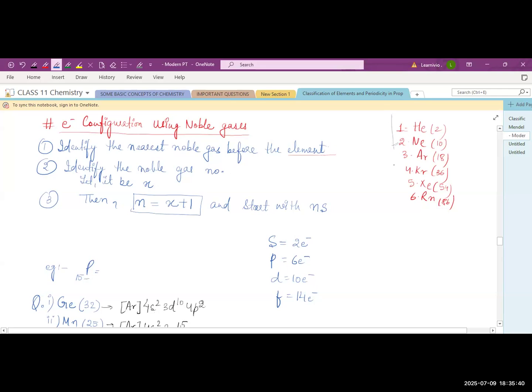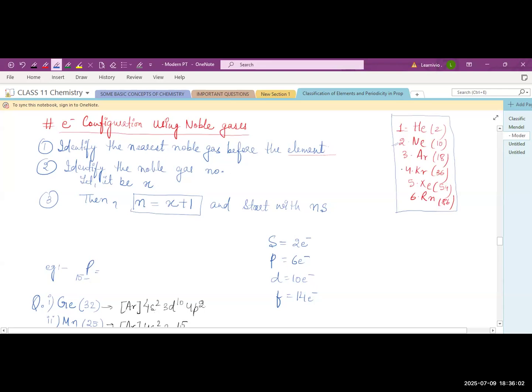First, just remember the noble gas sequence. Which group element is this, Sanidhi? Helium, neon, argon, krypton, xenon, and radon. Group 18, yes, very good.